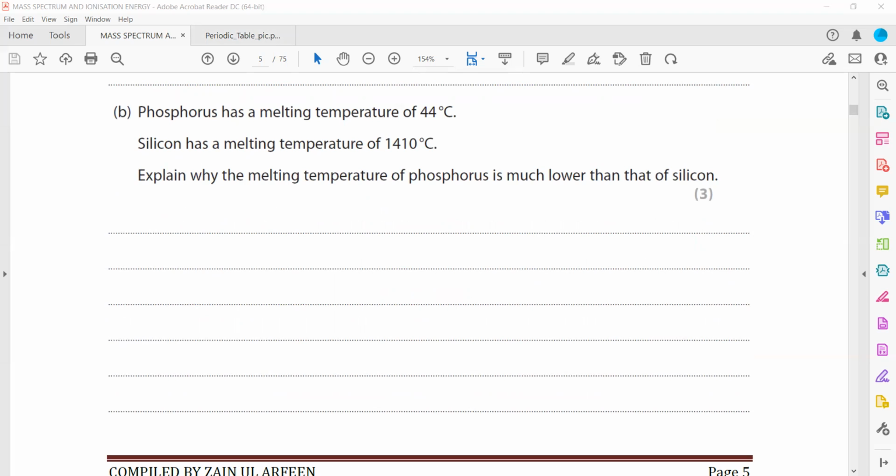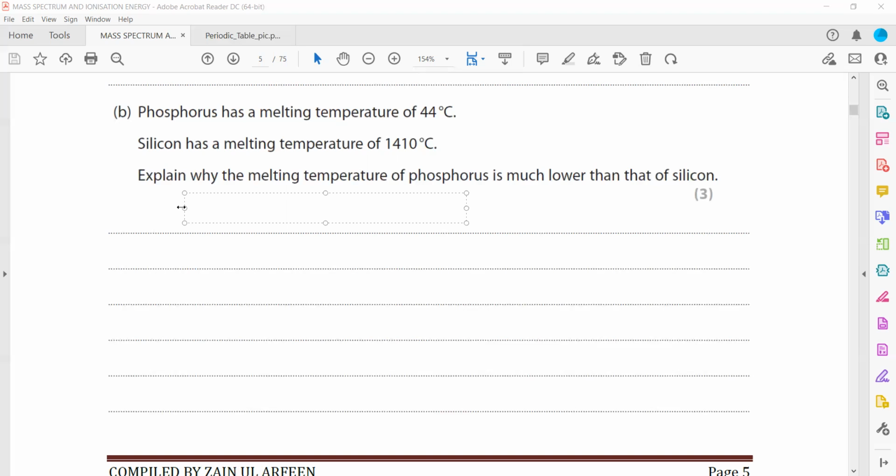First, you answer in terms of structure, then in terms of bonding, and then in terms of force.